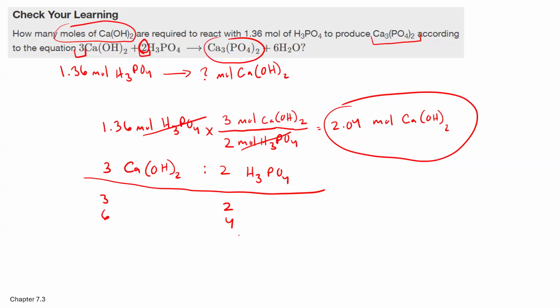That's the same as a 1 to 1.5, right? Because it's 2/3. And then our answer is 1.36 to 2.04. And these are all the same ratio. That's all we're really doing, we're just figuring out the ratios between the reactants here. But you can go products to reactants, reactants to products.